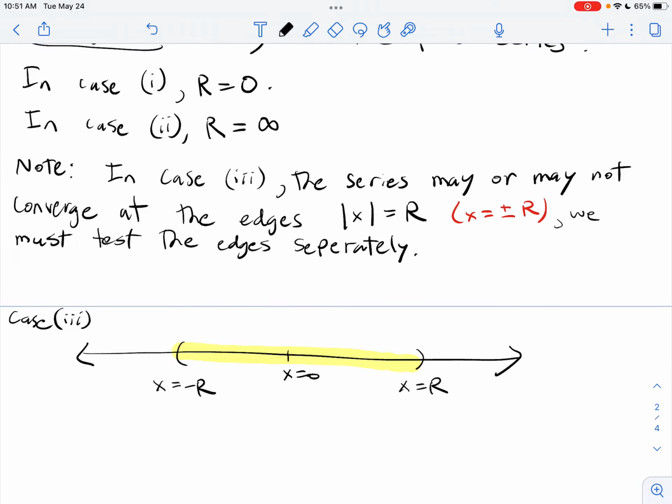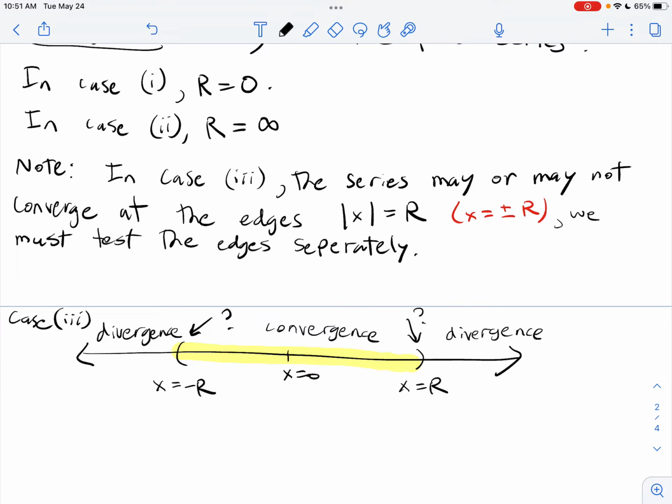This is where it converges. And over here is where we get divergence. And on the edges themselves, we don't know. Okay, on the edges themselves, we have to test separately.